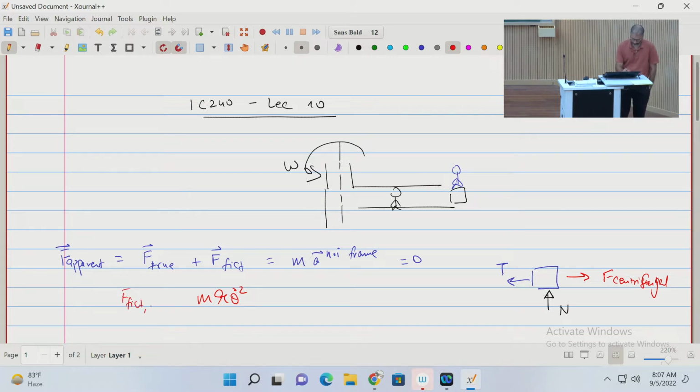So this is F fictitious, the radial coordinate. And remember, this was equal to m times negative of the non-inertial frame's acceleration. So this is me sitting on the object, my acceleration with a negative sign. So my acceleration, in this case, this is me.